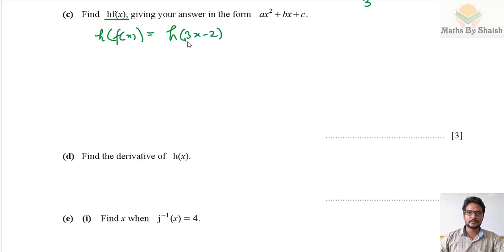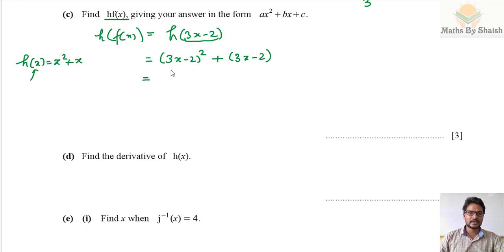Now we have the input for h as 3x minus 2, and h(x) is given in the question: if the input is x, it gives output x squared plus x. Here it would be 3x minus 2 as input, so this is going to give us (3x minus 2) whole squared plus 3x minus 2, and we can expand it also.